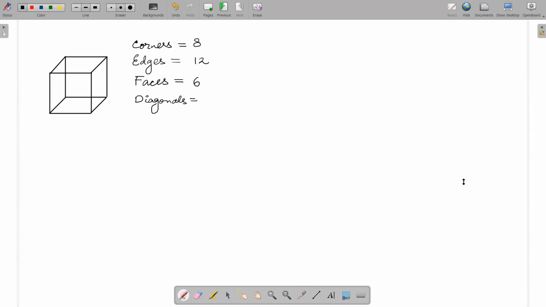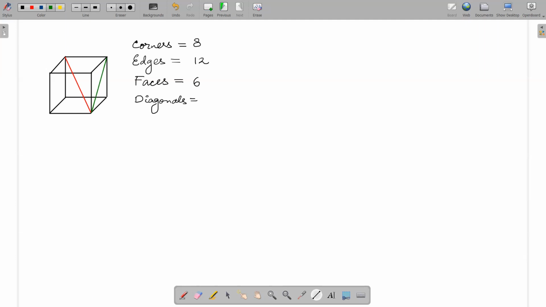So, see, 2 diagonals on each face. When you were answering diagonals, you must have thought, wait a second, there can be 2 types of diagonal. I hope this came to your mind, right? You can have a diagonal which crosses through the inside of the cube, and there can be another diagonal which we can have in the faces.